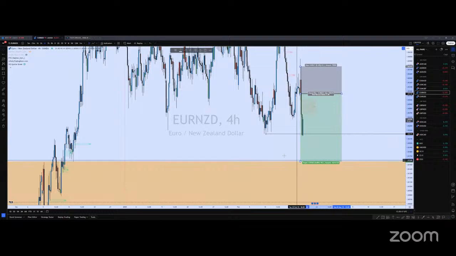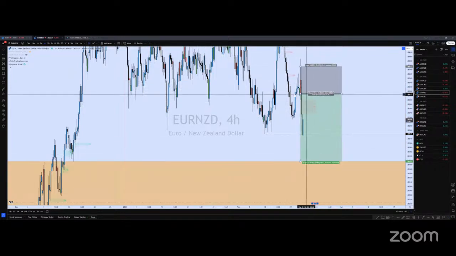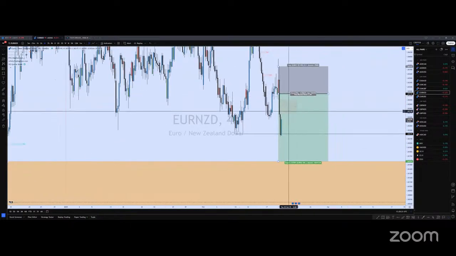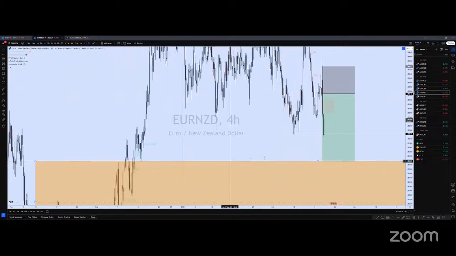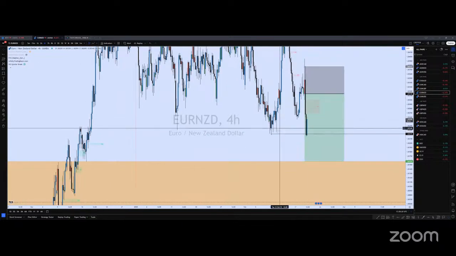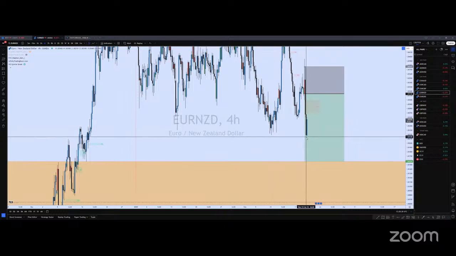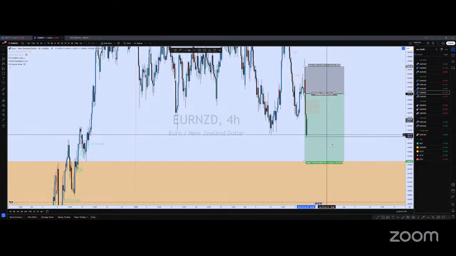That's a weekly fair value gap. So that trade still remains if they pull back to it, because they can pull back to that area and then go for the second target. So if we do get that pullback, this will still be a potential partial profit level, and then you aim for that. All right.